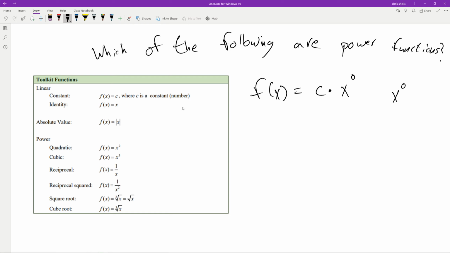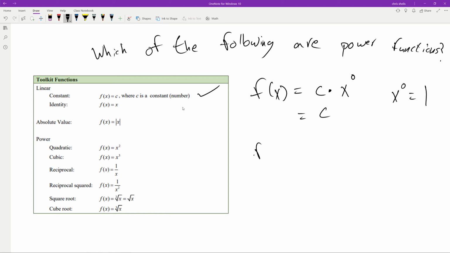Because remember, anything to the 0th power is going to be 1. This ends up being just c, right? So the constant function is a power function.